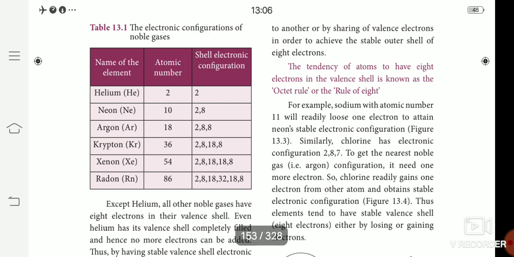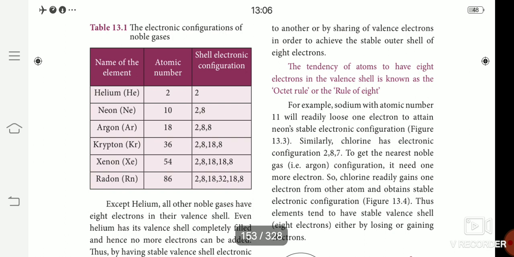Chlorine gaining 1 electron means it gets near the noble gas argon, 18. Chlorine atomic number is 17, and the electronic configuration is 2, 8, 7.